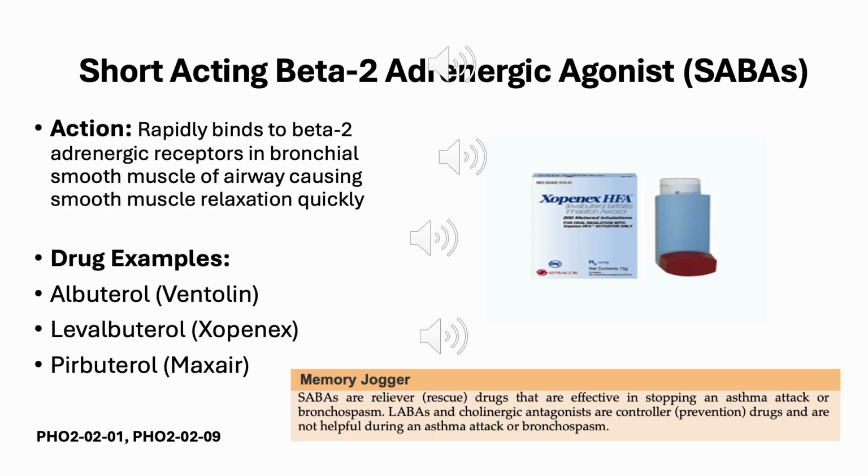Short-acting beta-2 adrenergic agonist, known as SABA. The action: it rapidly binds to beta-2 adrenergic receptors in bronchial smooth muscle of the airway, causing smooth muscle relaxation. The drug examples are albuterol, known as Ventolin, levalbuterol, known as Xopenex, pirbuterol, known as Maxair.